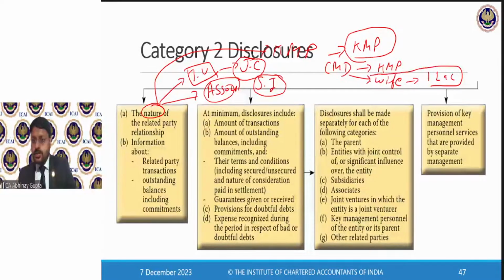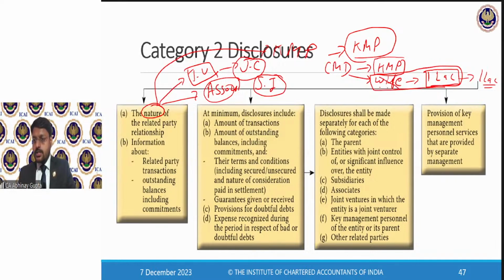So I need to disclose this, that CMD's wife is my KMP's relative, and there is an advisory service the company has received for rupees 1 lakh and the outstanding balance. Suppose if it is not yet discharged, then 1 lakh is the outstanding liability in the books of the company as on the reporting date. But only if there are transactions.